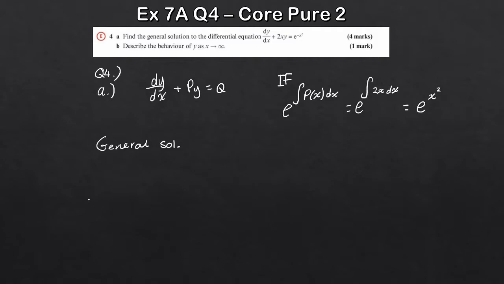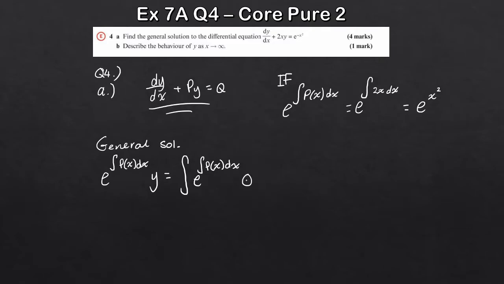To find the general solution, we say the integrating factor, e to the integral of p of x dx, multiplied by y, is equal to the integral of the integrating factor, e to the integral of p of x dx, times q, which is the last bit here. In this case, that'd be e to the minus x squared.